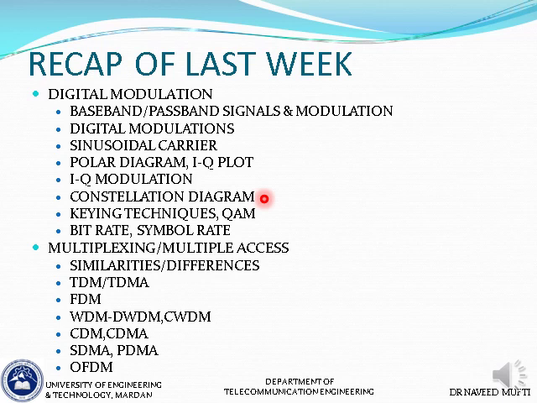And then in the second part of the lecture last week, we looked at multiplexing or multiple access. We compared them to note their similarities or differences, and then we went on to discuss different types of multiplexing or multiple access, like time division multiplexing, frequency division multiplexing, wavelength division multiplexing, including both dense and coarse types, code division multiplexing or multiple access, which comes in two types, direct sequence or frequency hopping, and then spatial diversity, and then polarization diversity.